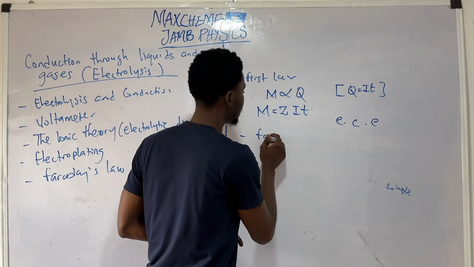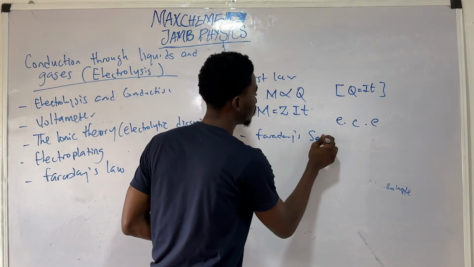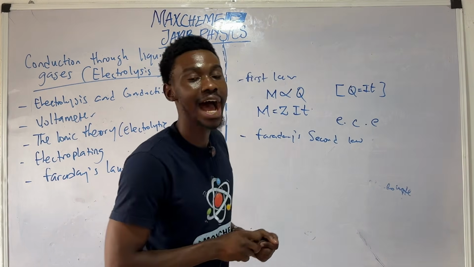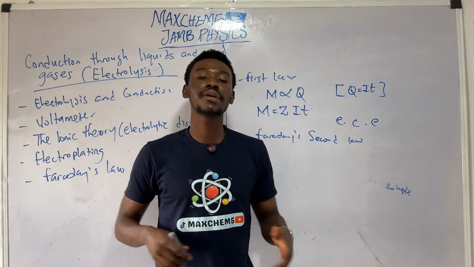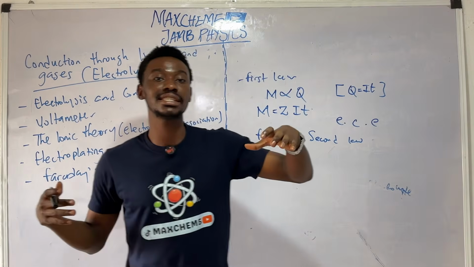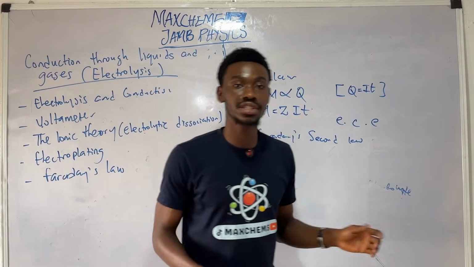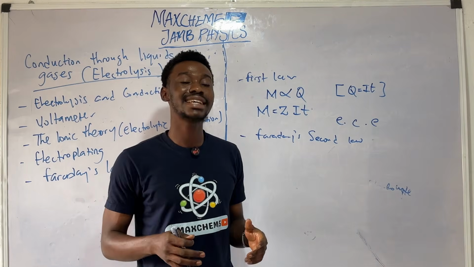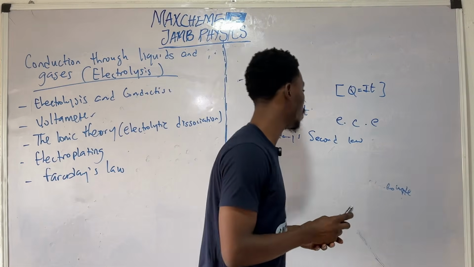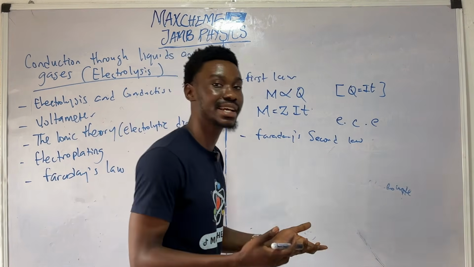But for Faraday's second law, the second law says that if we have two different masses of electrolyte, but the same quantity of electricity passing through those two masses of electrolyte, then their masses are directly proportional to their equivalent masses.